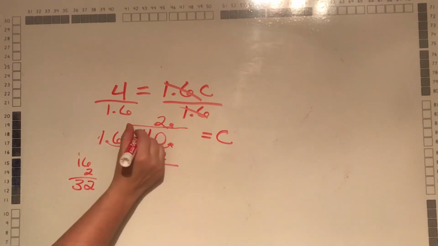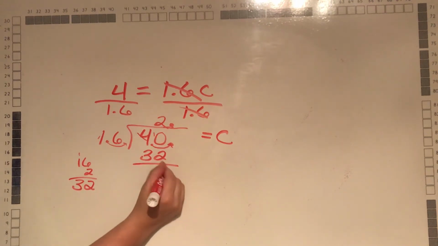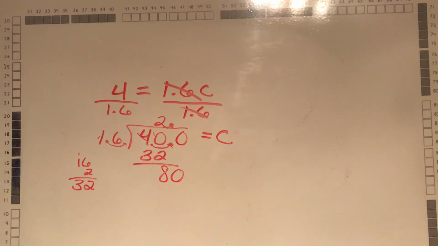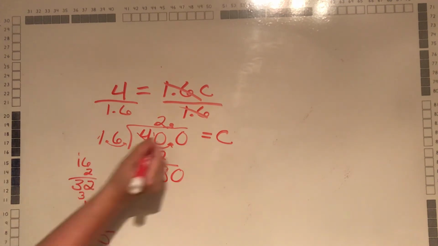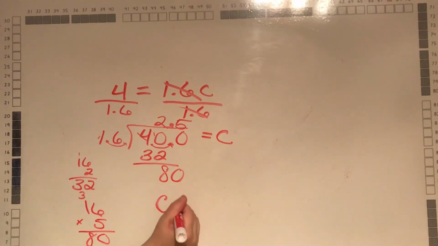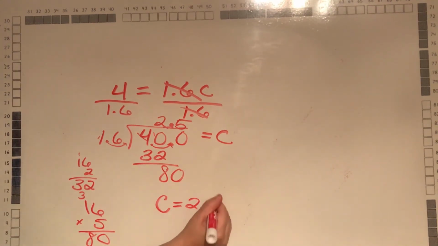Now, we subtract that, and we get 8. We bring our 0 down. I don't know if you remember, but from prior lessons, we had a similar equation, and we tested out what 16 times 5 was. So 5 times 6 is 30. 5 times 1 is 5, plus 3 is 8. Okay, so c equals 2.5.